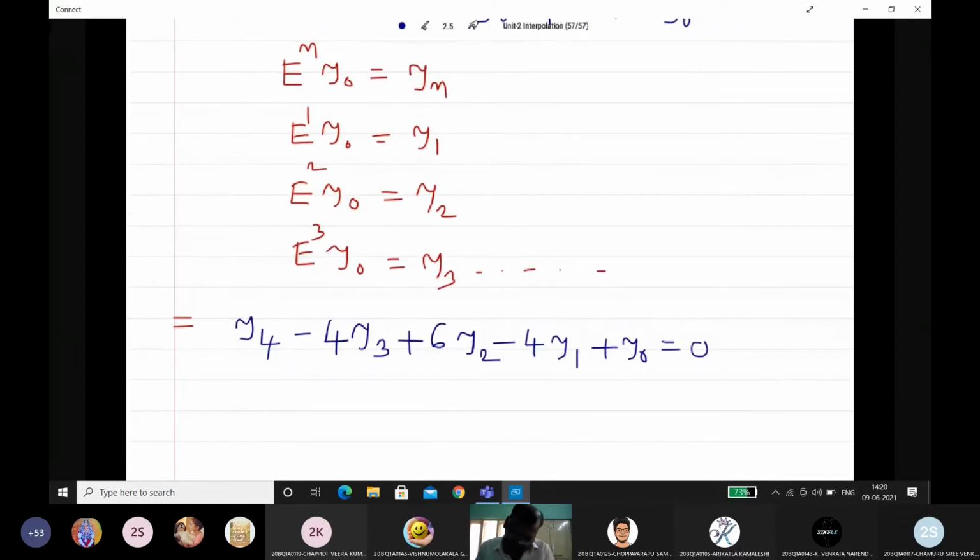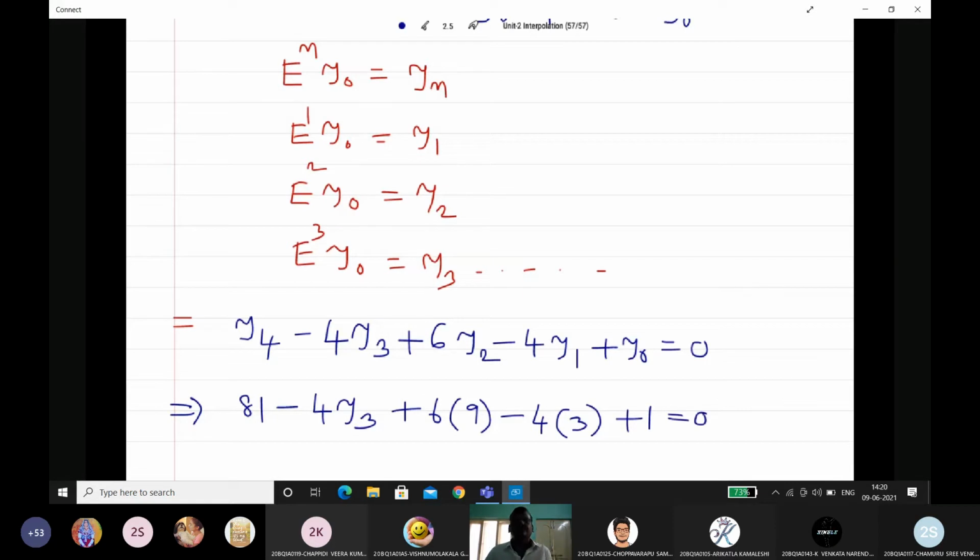y4 ఎంత ఇచ్చాడు? 81 minus 4y3, ఇది కనుక్కోవాలి. Minus 4y3 plus 6 into y2 value, which is 9, minus 4 into y1 value, 3, plus y0 value 1 is equal to 0. So 81 plus 54 minus 12 plus 1, ఎంత వస్తుంది చూడమ్మా.